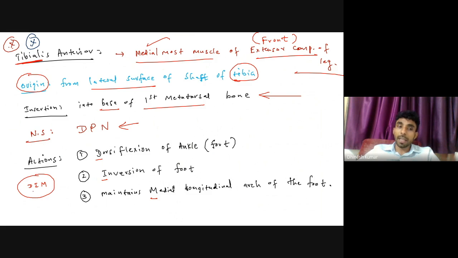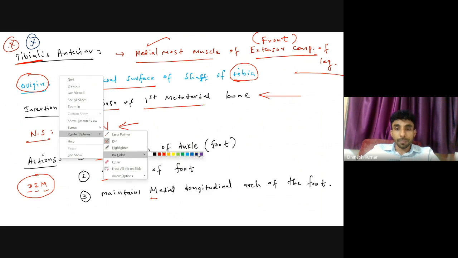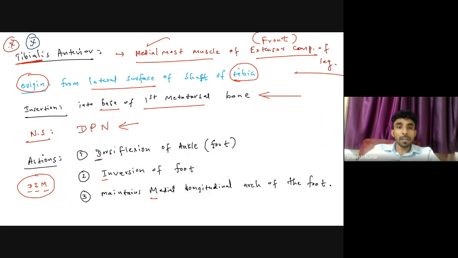What about the actions of tibialis anterior? Three actions are there: DIM. D represents dorsiflexion of ankle joint. Dorsiflexion means upward movement of ankle joint. Then inversion of foot, that is, the sole of the foot will be facing medially.